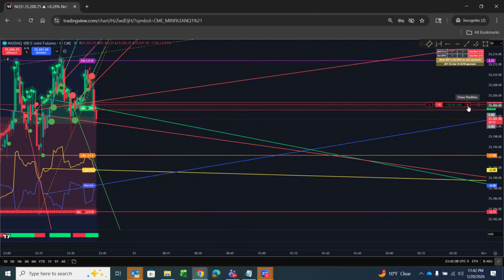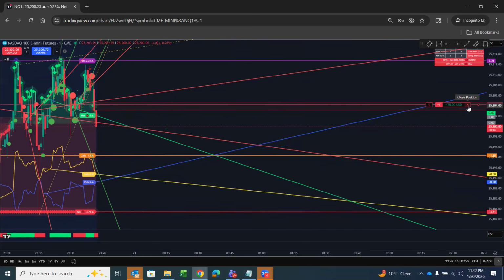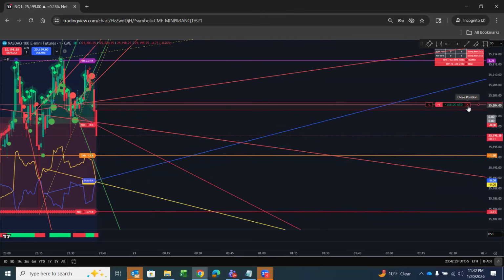Okay, keep going down. So the blue line's angling up, acting as a magnet, but there are buyers right at the orange line. That's the macro level.